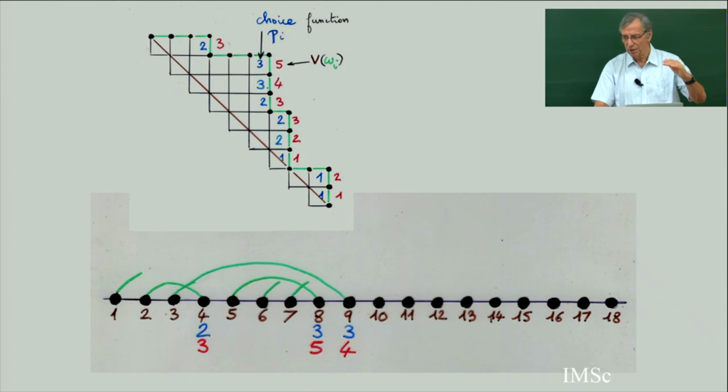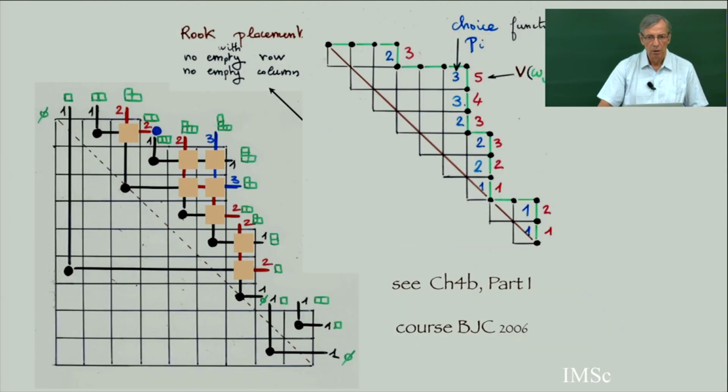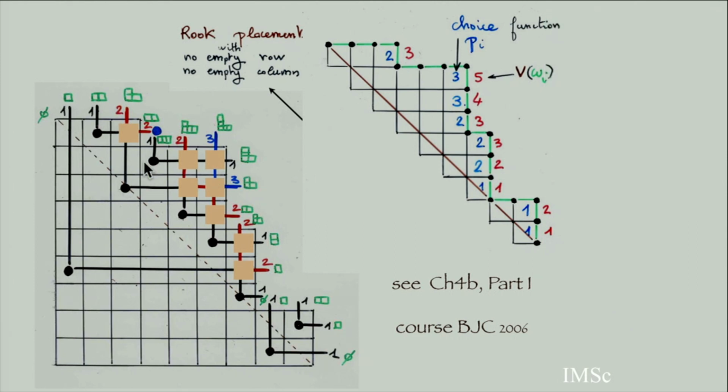Each time you go east, you open a new possibility, which means, you see, in your Ferrers diagram you are reading row by row, and each time you have a certain number of choices, and you put a rook in one of these choices.